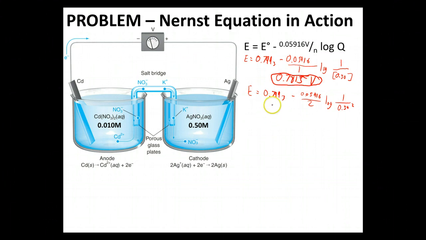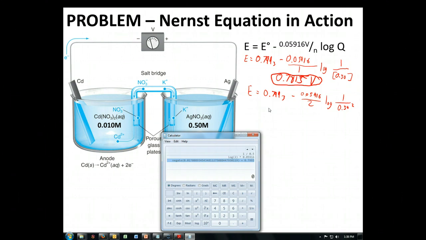There we are. Now let's try it the other way, just to make sure that we really can get away with having either of those stoichiometry approaches. All right, so let me just clear that. So now it's going to be 1 divided by 0.50 squared. So let me just do the 0.5. I'm going to go ahead and square that. So 0.25. So 1 divided by 0.25, it's going to be 4. I take the log of 4. I get this value.